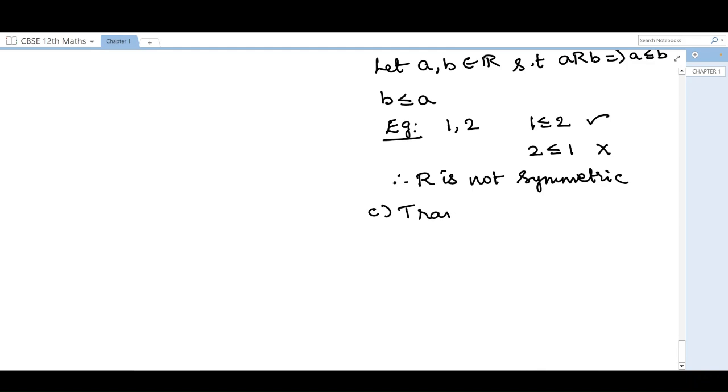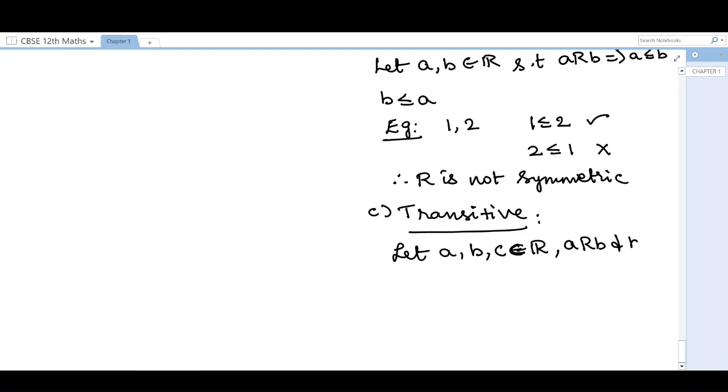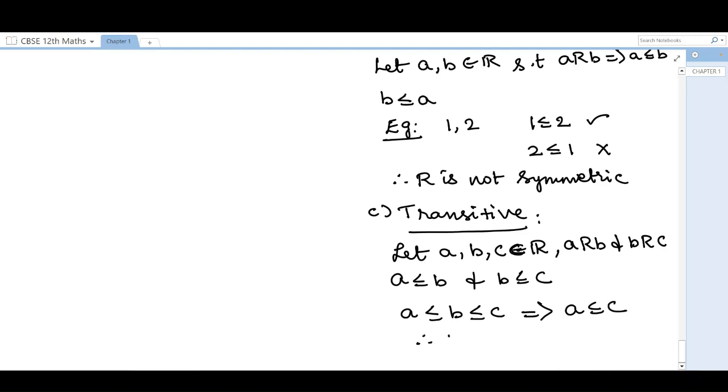Third one is transitive. So, if you take 3 elements from the set R such that A is related to B and B is related to C. So, we know that A is less than or equal to B and B is less than or equal to C. Now, what we have to prove is A is less than or equal to C. What we know is A is less than or equal to B, but B is less than or equal to C. So, from this what we could conclude is A is less than or equal to C, thus A is related to C. Therefore, the relation R is transitive.